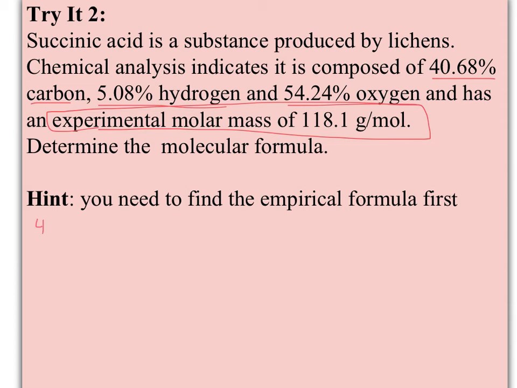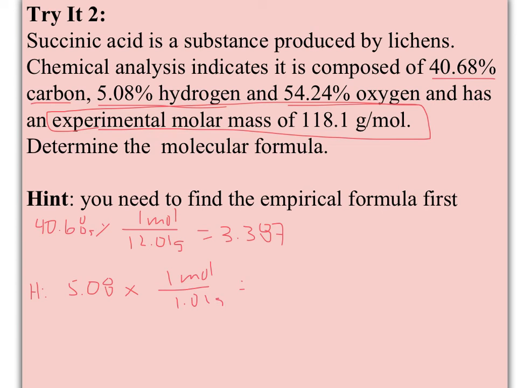But your starting point would be the 40.68 grams of carbon, which can be converted because 1 mole of carbon weighs 12.01. So 40.68 divided by 12.01 is 3.387 moles of carbon. The hydrogen, you have 5.08 grams, and 1 mole of hydrogen weighs just 1.01 grams.